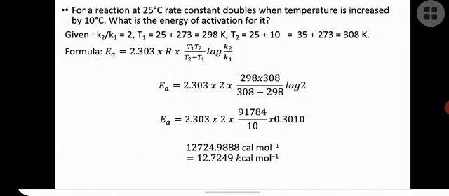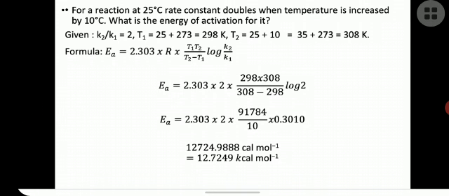By calculating these values, we get EA is equal to 2.303 into 2 into 91784 upon 10 into 0.3010, which is the log of 2.